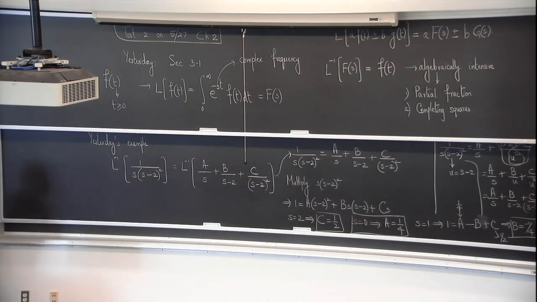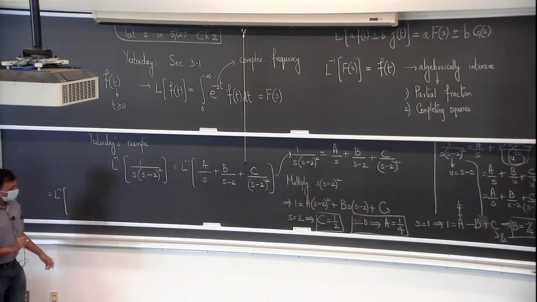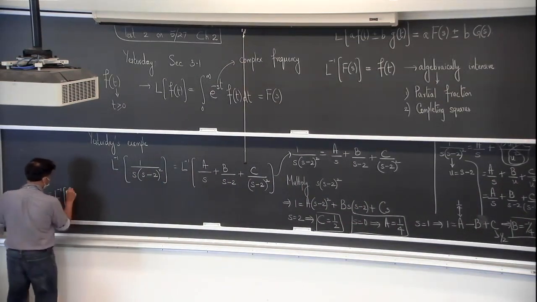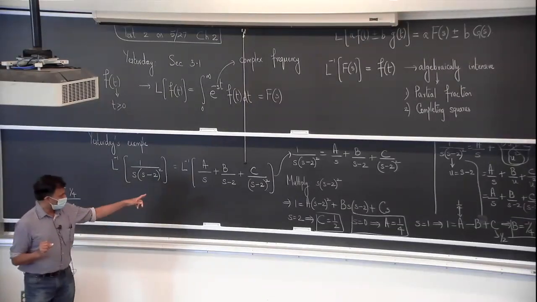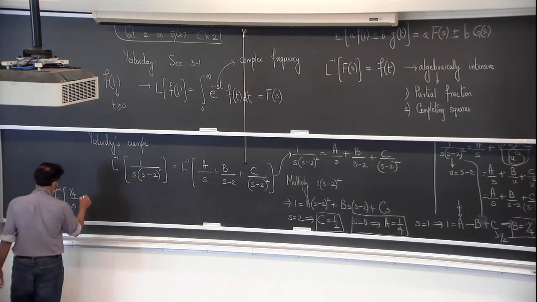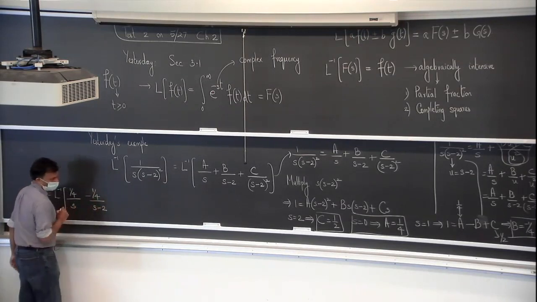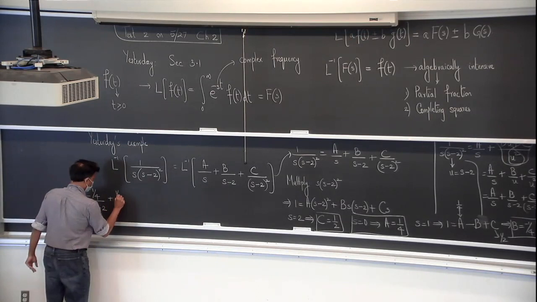Okay, so plug it in, and that's going to be the Laplace inverse of 1/4 over s. I hope all of you have your Laplace tables next to you. We need this in a few seconds. Minus 1/4 over s minus 2 and plus 1/2 over s minus 2 whole square.